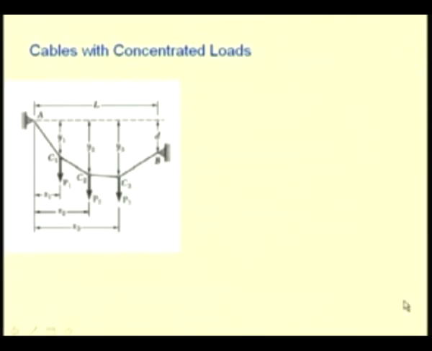Here you see an example of a cable that supports concentrated loads. The cable is supported at A and at B and carries some concentrated loads, say P1, P2, P3, etc. at various locations C1, C2, C3.